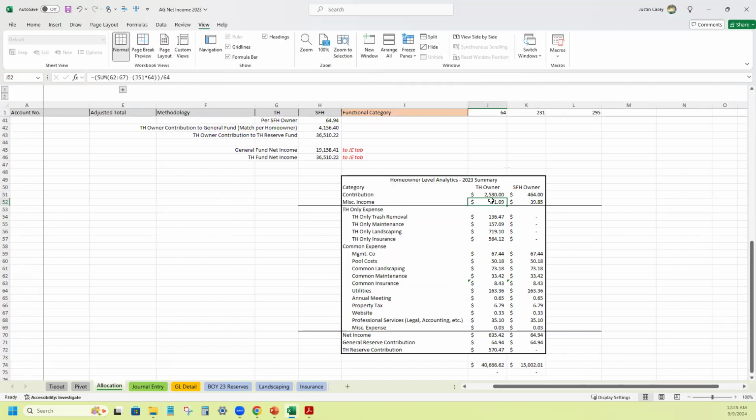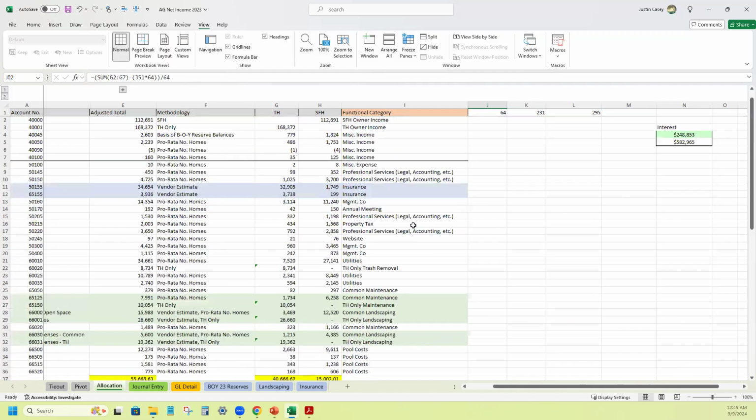And so I started out here, right, with the general contribution, because I only paid in this much. I didn't pay in 2,651 into the association. I paid in 2,580. So the miscellaneous income explained here helps reconcile that for the homeowner: what do you mean I paid in 2,651? I only paid in 2,580. But then they got a little bit of pickup on the basis of late fees and interest, cash interest, and then timing differences here.